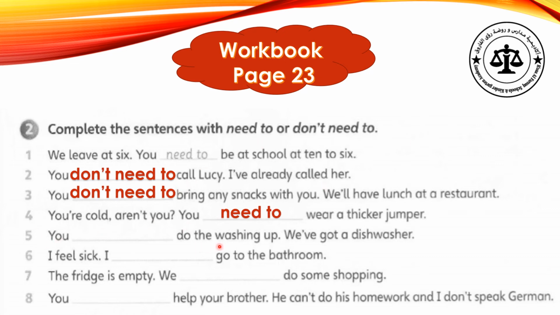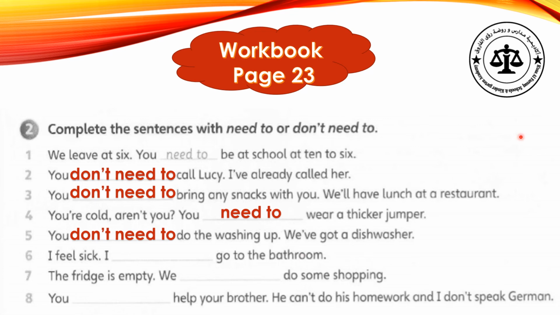Number 5. You do the washing up. We have got a dishwasher. Dishwasher, جلاي. If you have a dishwasher in your home, you need to do the washing up or you don't need? Excellent, you don't need to do the washing up. Number 6. I feel sick. I go to the bathroom.